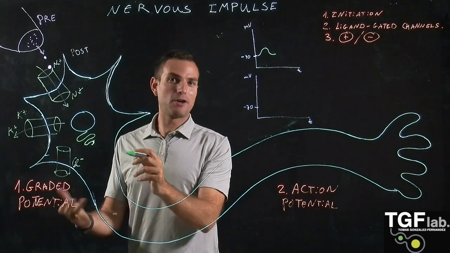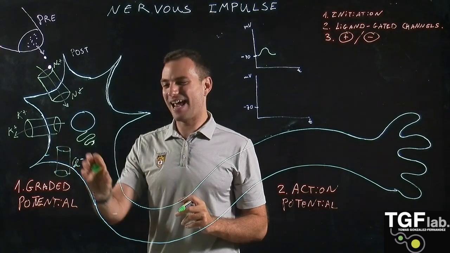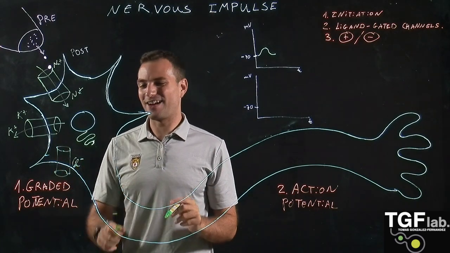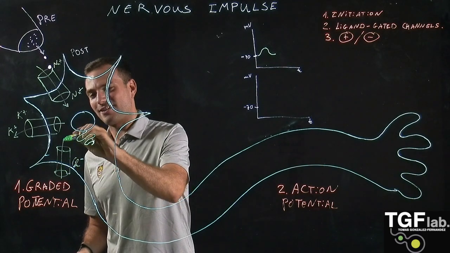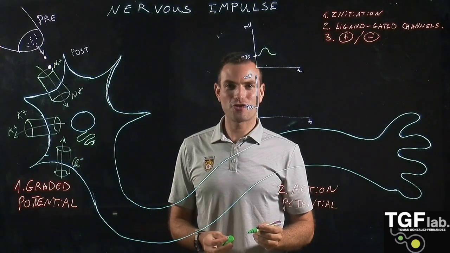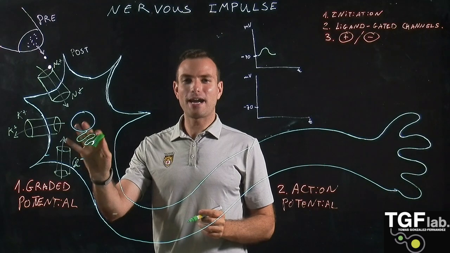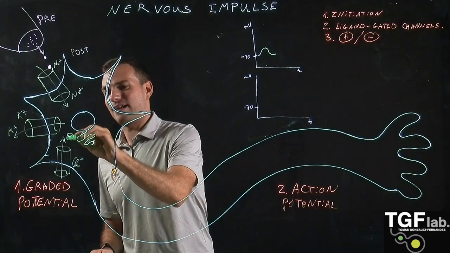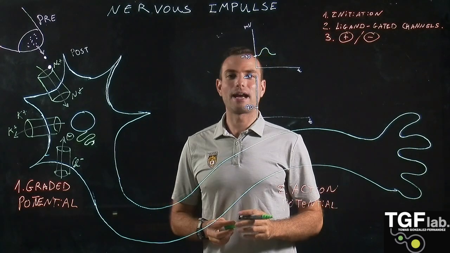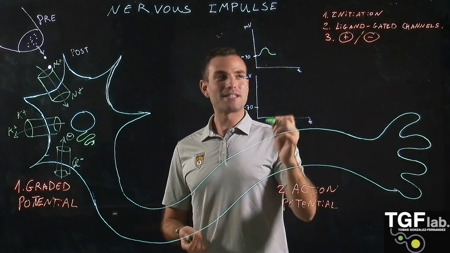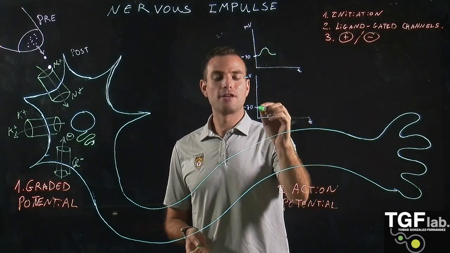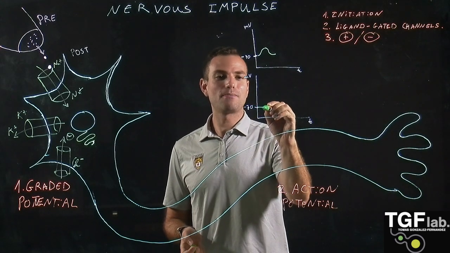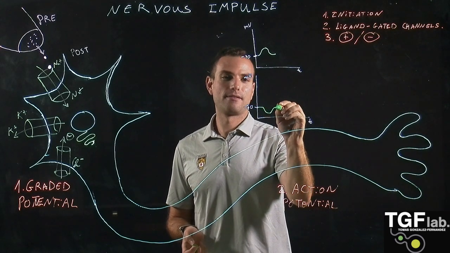Something similar happens in the chloride channels. The chloride is also going to follow the concentration gradient, so it's going to bring chlorides into the cell and make the cell more negative, because the chloride is negatively charged. This process is called hyperpolarization. It makes the membrane more negative.